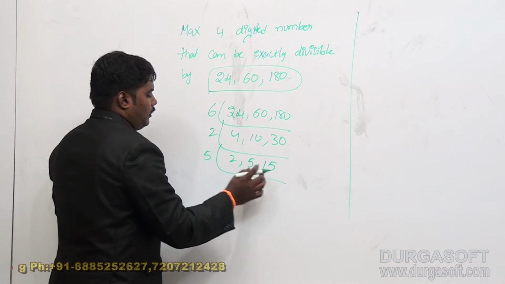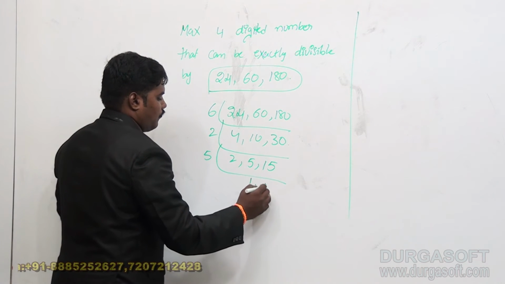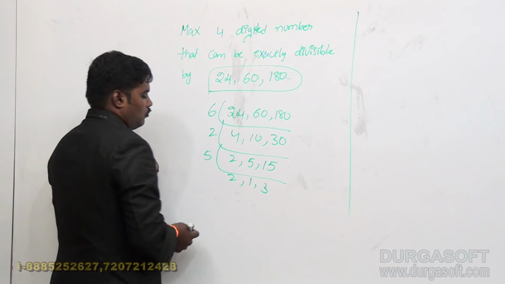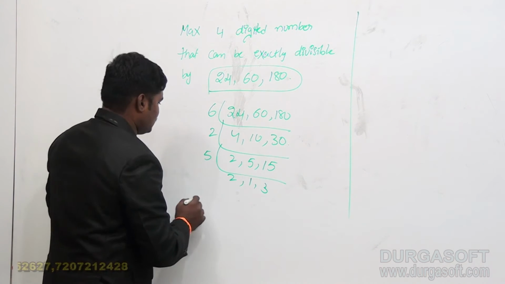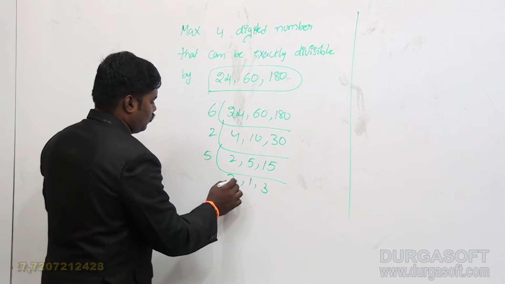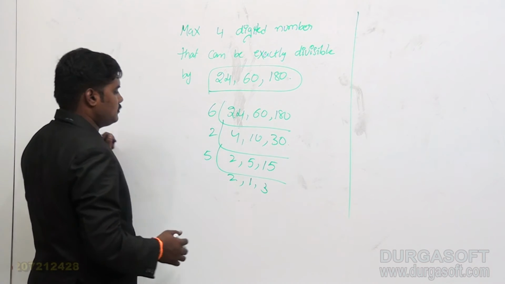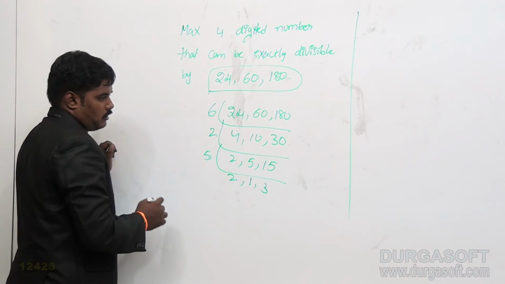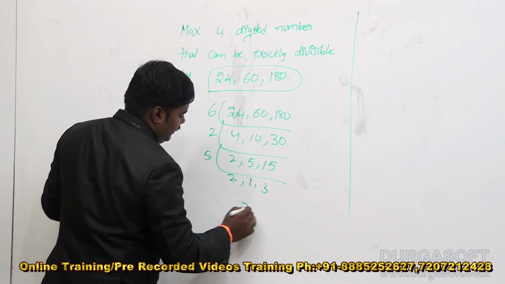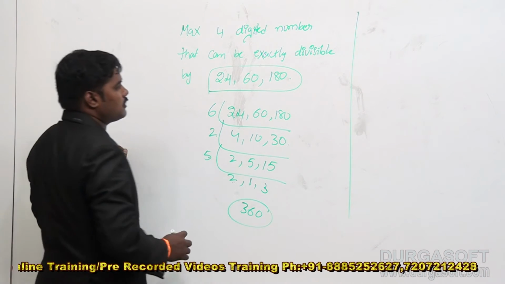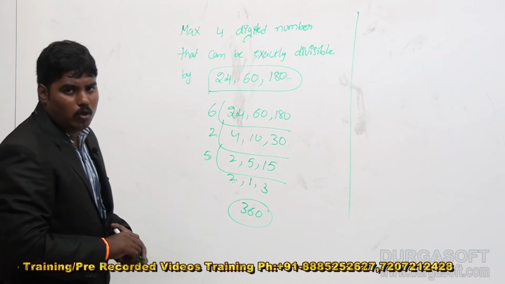Next, common to two is 5: 5 ones and 5 threes. Is there any other common factor? No. So you get the LCM as 6 into 2 into 5 into 2 into 1 into 3. That is 6 fives 30, 30 twos 60, 60 twos 120, 120 threes 360. That means the highest number multiple of 180 into 2, 360.